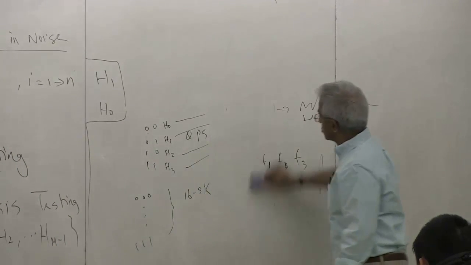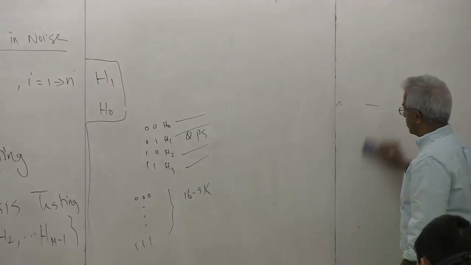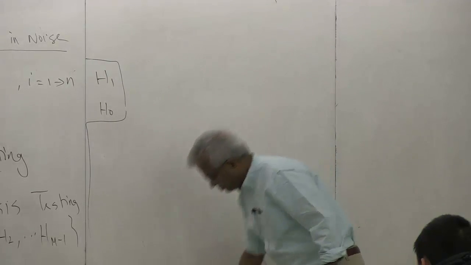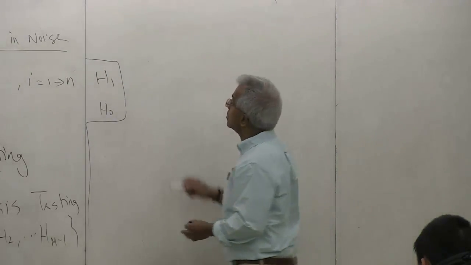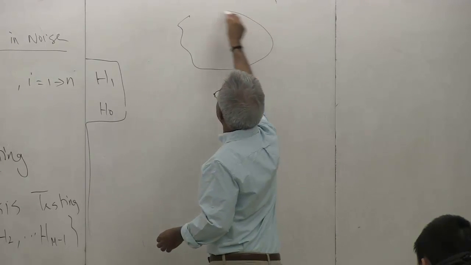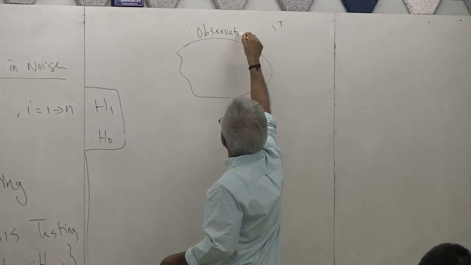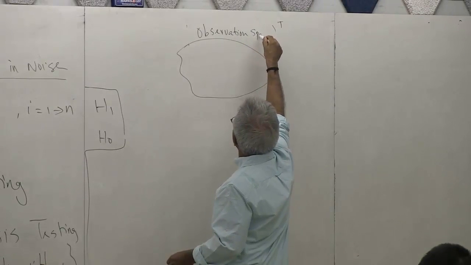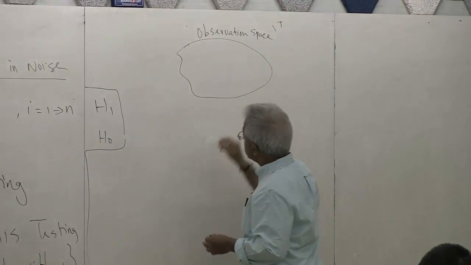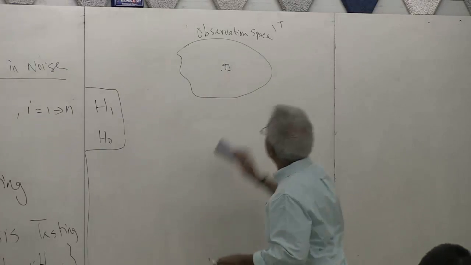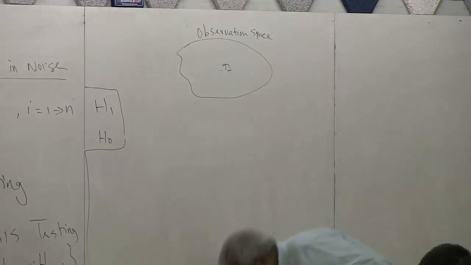So another way to conceptualize what we need to do is to say that you have the observation space. That's where you see things. In other words, R is the data that you have just seen.